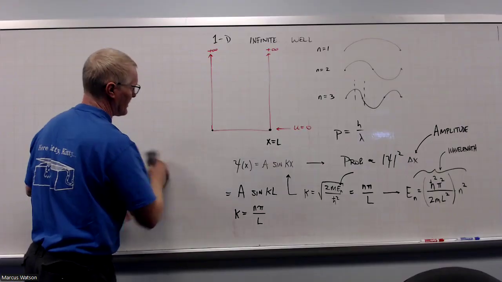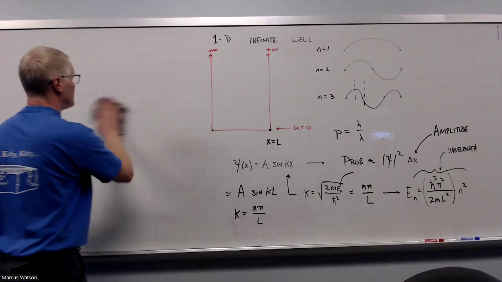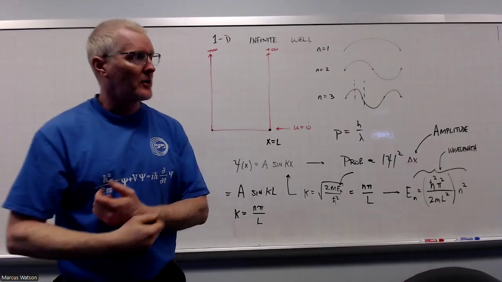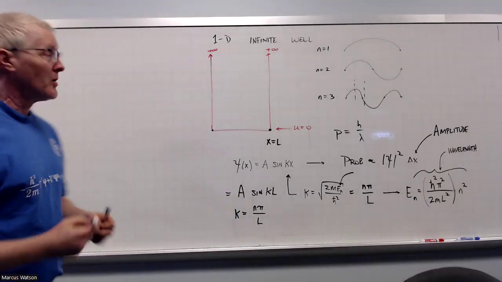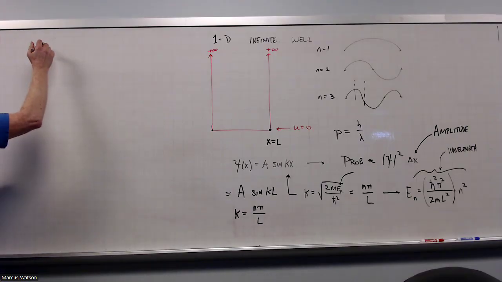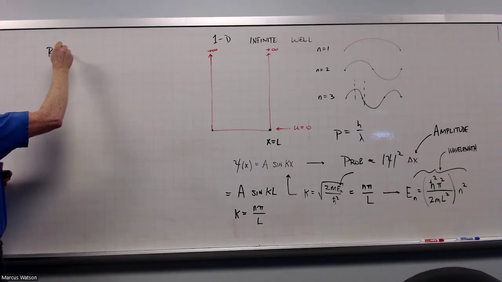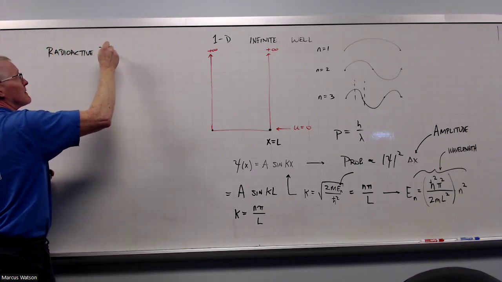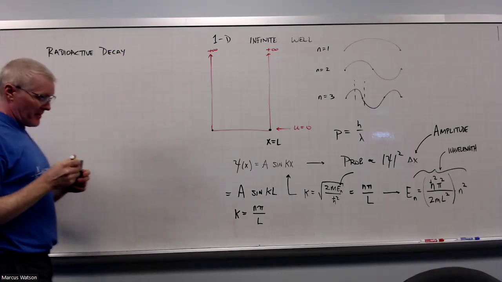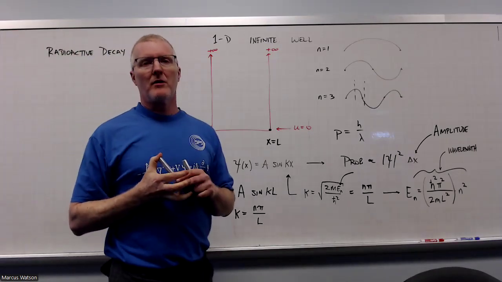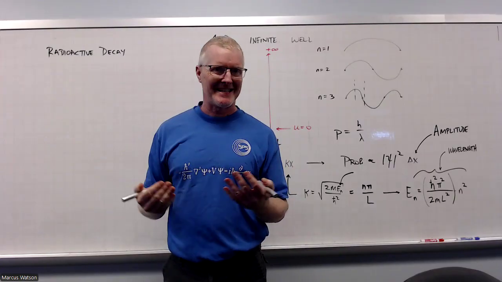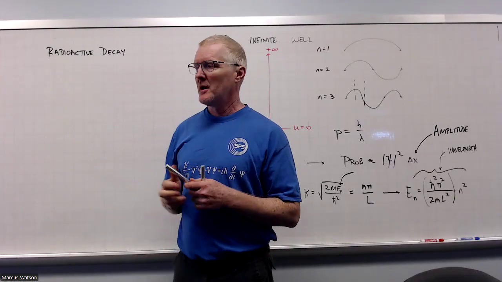So let's take a quick look and go ahead and do this. If I think about radioactive decay, then there are three modes of characteristic decay that happen.